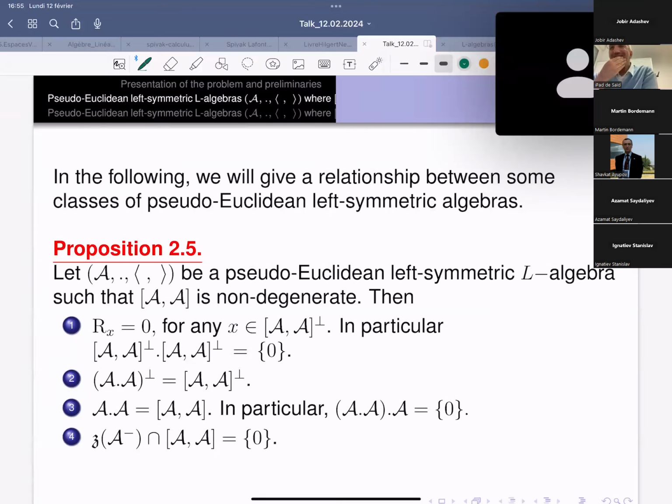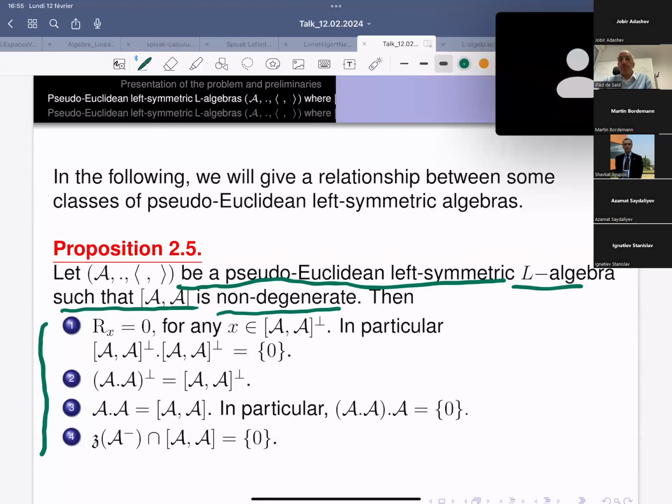Now, if you work in a pseudo-Euclidean left-symmetric algebra such that it is non-degenerate, and if the derived ideal of R minus is non-degenerate, in this case you have this result: Rx is 0 if x is in this orthogonal. In particular, we have this.